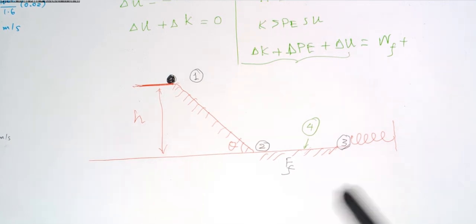The total elastic energy minus the total friction will give how much the spring will be compressed. Why consider kinetic energy? Well, kinetic energy came from the potential energy, which is originally the mgh.